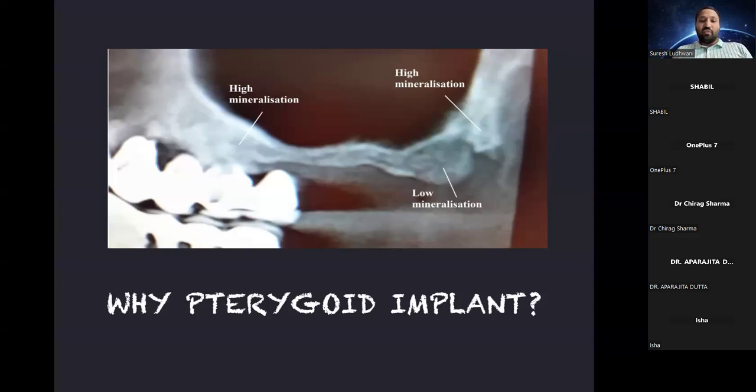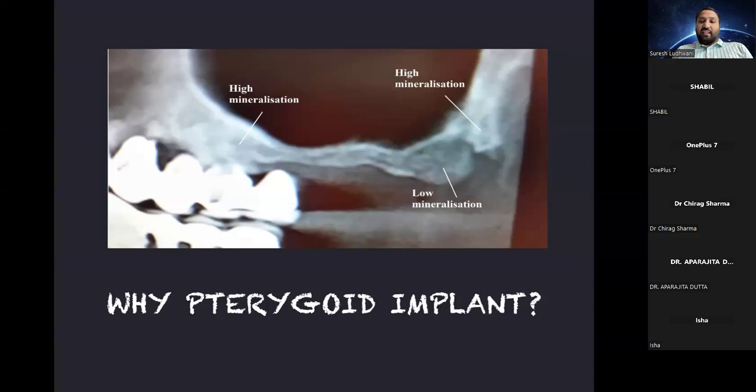Now, why should we do pterygoid implants? You know this better than me, as I suppose everyone here is an implantologist. We want to avoid a cantilever. So why not use something given by God and utilize it optimally?